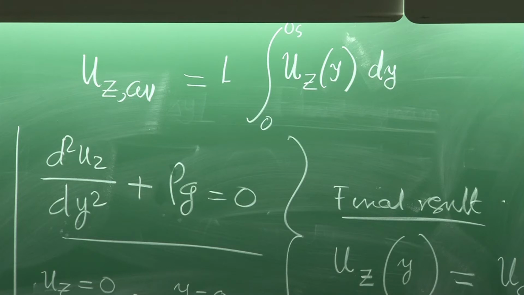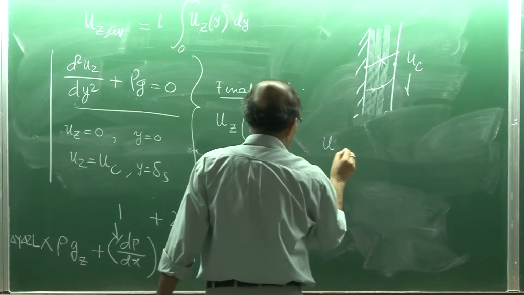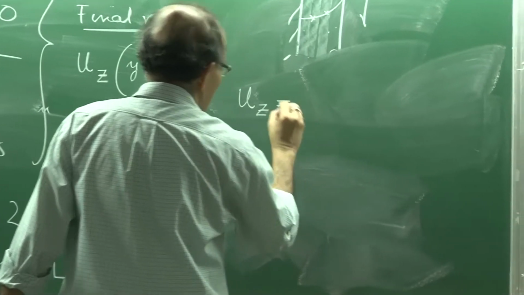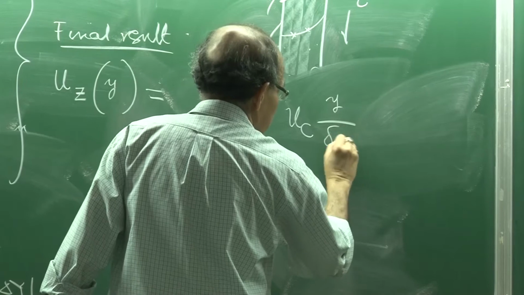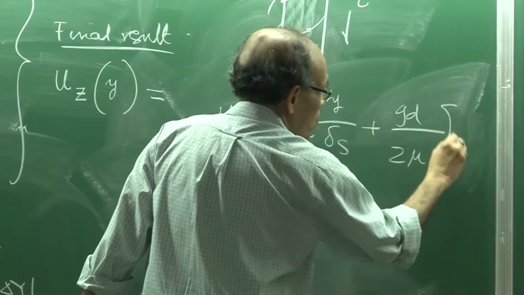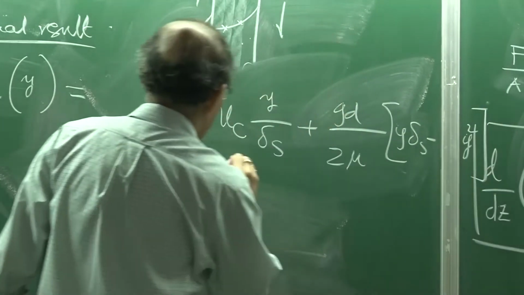Using the same philosophy, from the analysis you have obtained this expression that I have given here already. So, the uz as a function of y is known. So, this is equal to uc, as I have written, y by delta s plus rho g by 2 mu into y delta s minus y square. This is the expression that I have written.